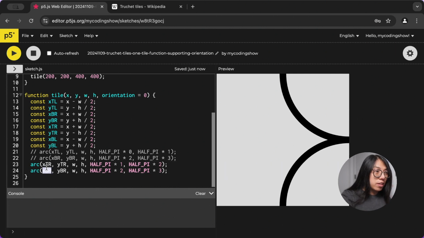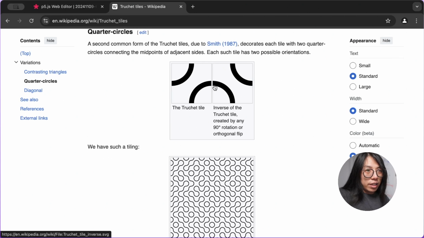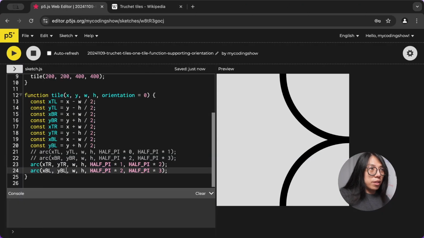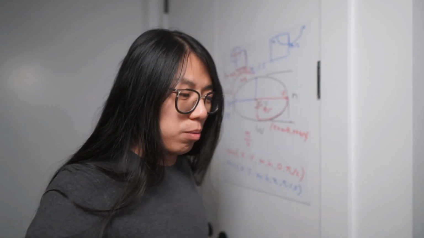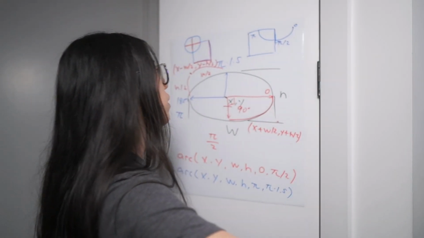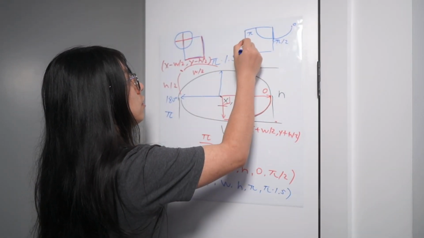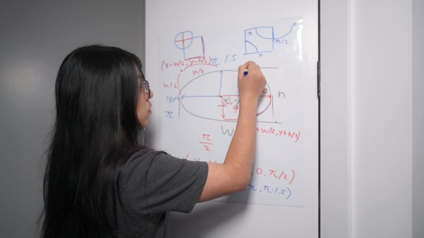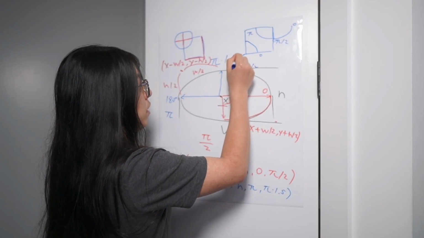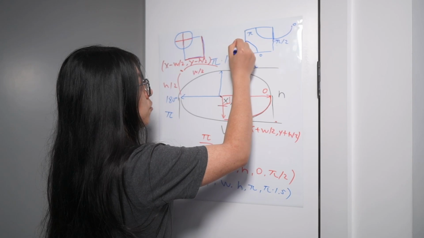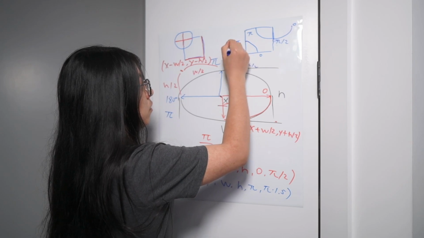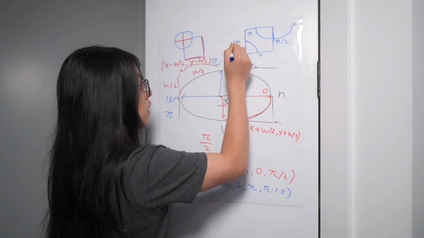And similarly, x bottom left, y bottom left, and also we want to think about the angle. Why don't we get back to the whiteboard again? The angle here this time, since again this is 0, this is half pi, and this angle is pi, this is going to be 1.5 times pi.